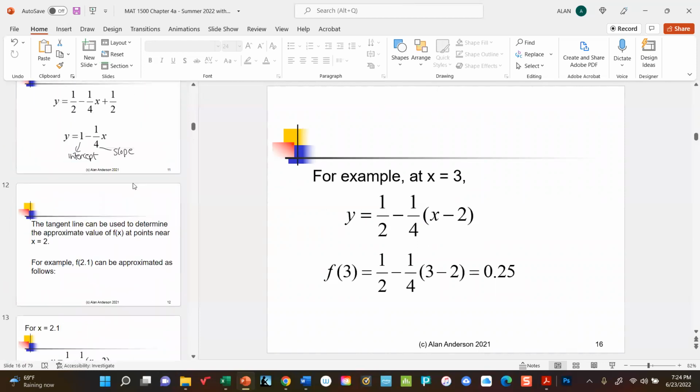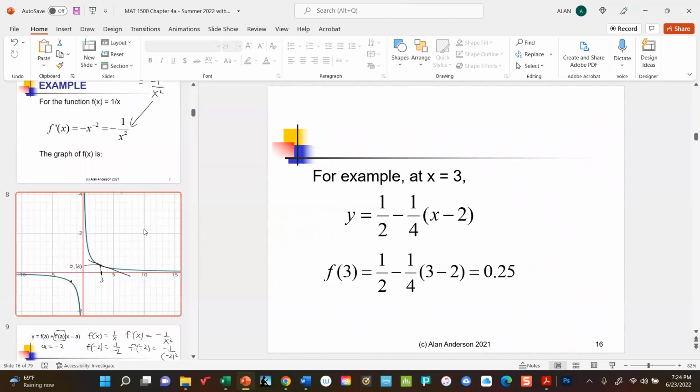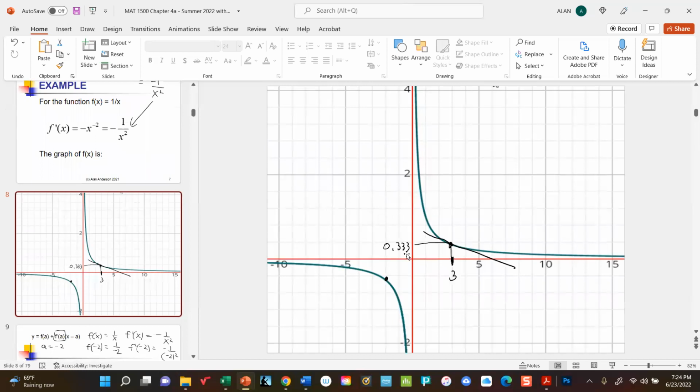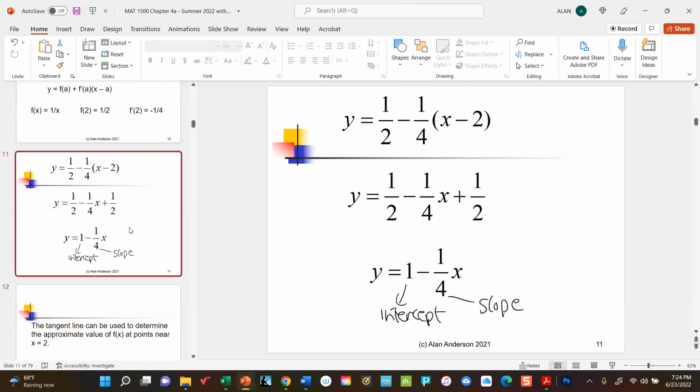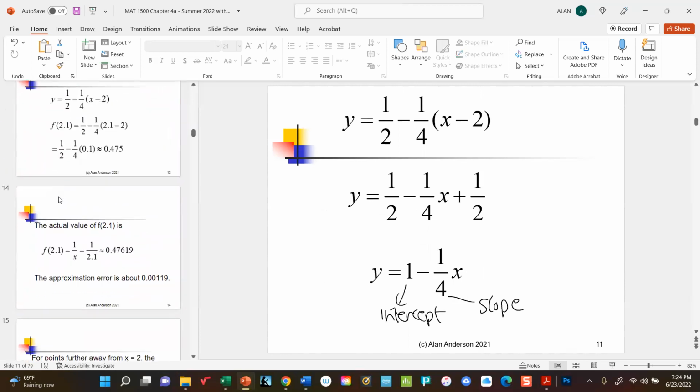But the point itself is f of 3, and f of 3 is right here. This is our tangent line. So in order to derive the equation of the tangent line, we go through the same steps. It's the same function. So we have 1 minus 1/4 x.